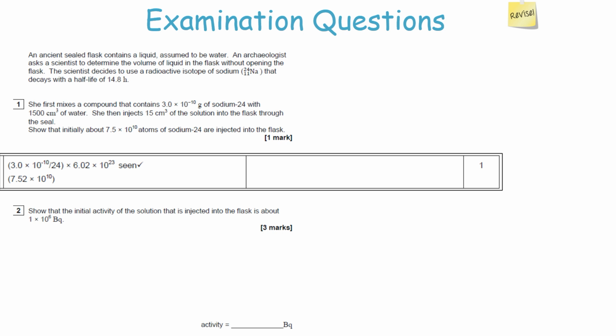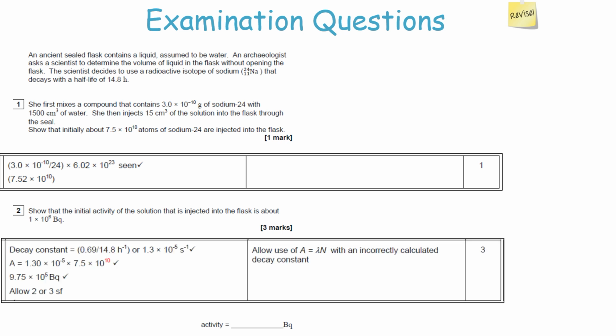Now the next question, show the initial activity. It's important that they've given you the half-life, because if you're given the half-life you can work out the decay constant very easily, because you know that the decay constant is log 2 over the half-life, which is 0.69, that's log 2, divided by 14.8, so you get 1.35 times 10 to the minus 5 per second when you've converted your hours into seconds.